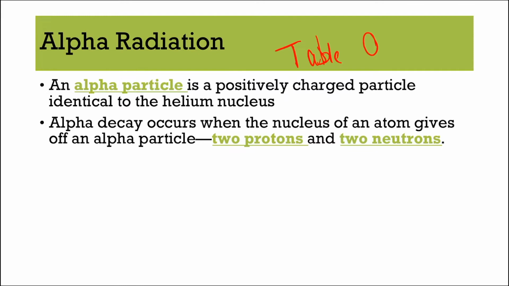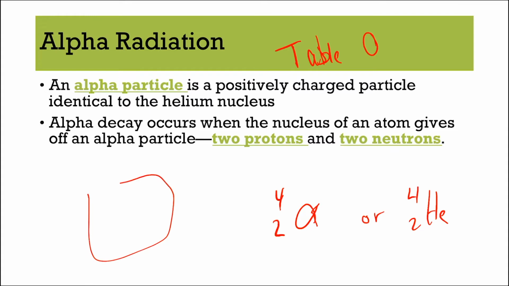On Table O, you'll see it written with an alpha symbol, or you'll see it as a helium atom. Those two things mean exactly the same thing. So what happens is that an unstable nucleus, here's your unstable nucleus in a box, will break down into something else and also release this alpha particle.